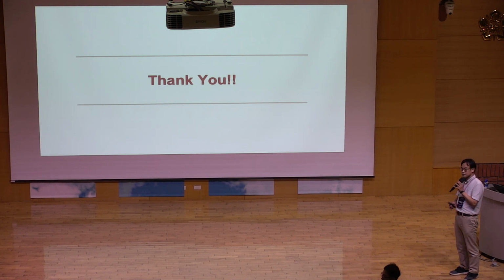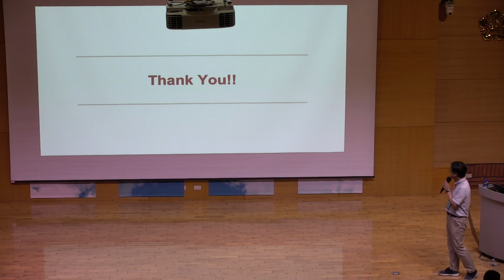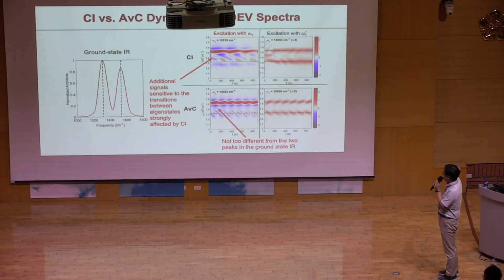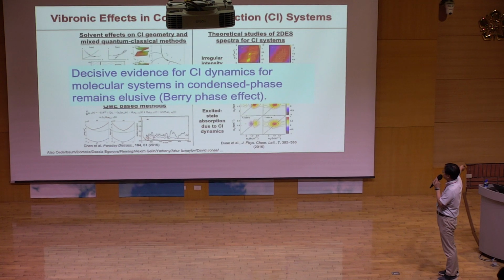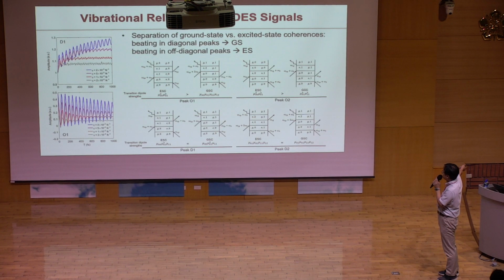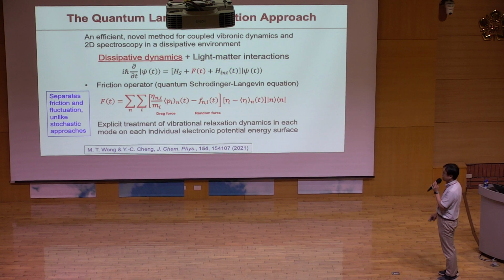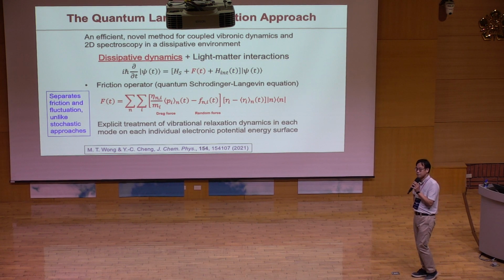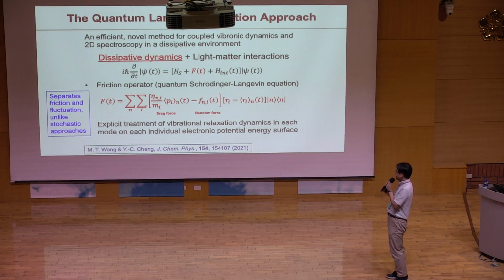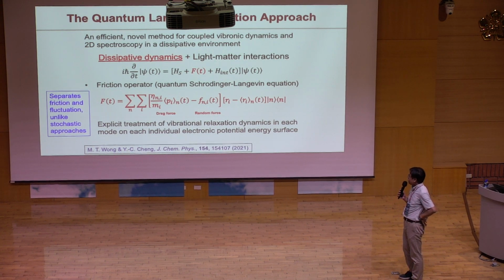Hello, thank you. I have a question about the quantum Langevin equation approach that you're using. You're modeling the dissipation as a friction in the quantum Langevin equation, right? Have you considered using the master equation approach for the system, or maybe it's just not applicable? No, actually we can use the master equation approach.